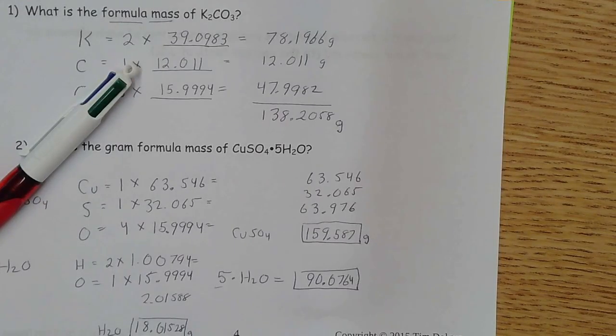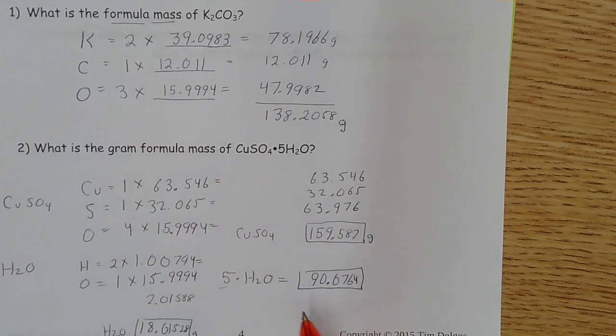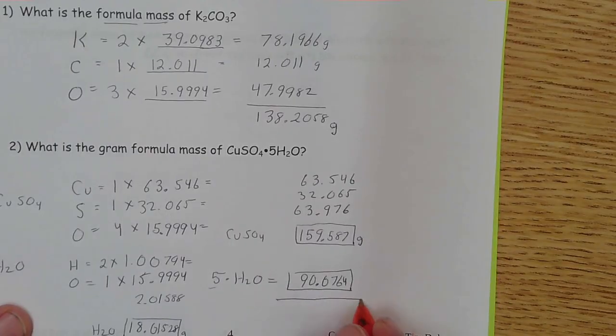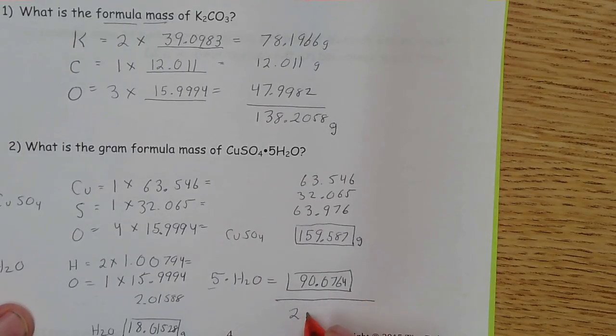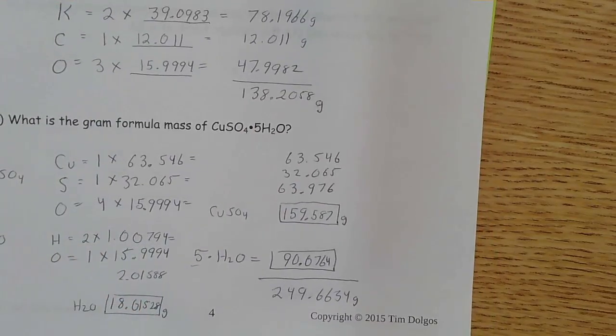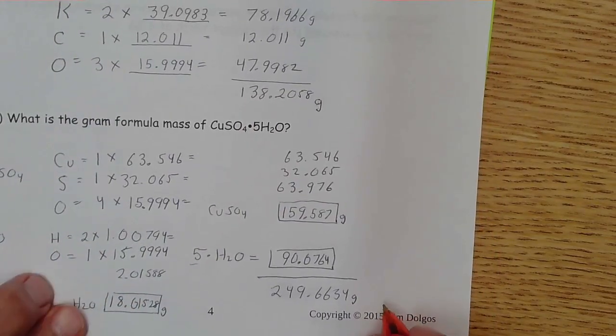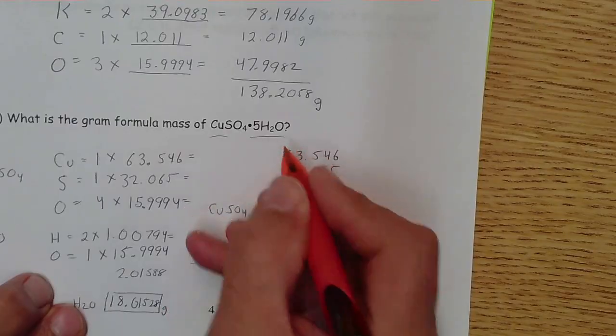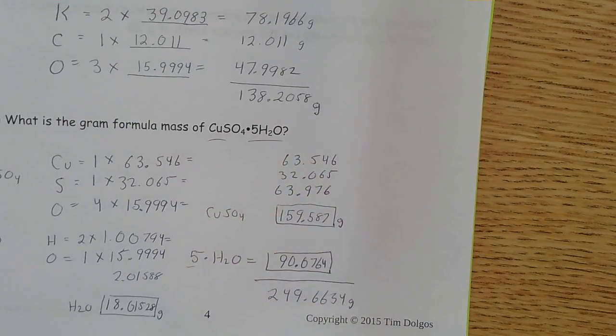Oh, I already got that, sorry. And when we add these together, we'll get a total compound mass of 249.6634 grams. And that is the mass of the entire copper sulfate hydrate, we call it, because it has water in it. That also concludes our notes for today.